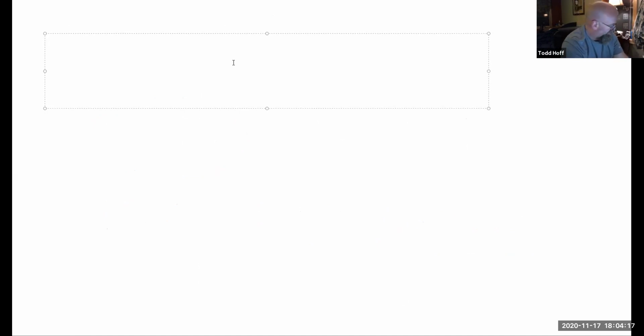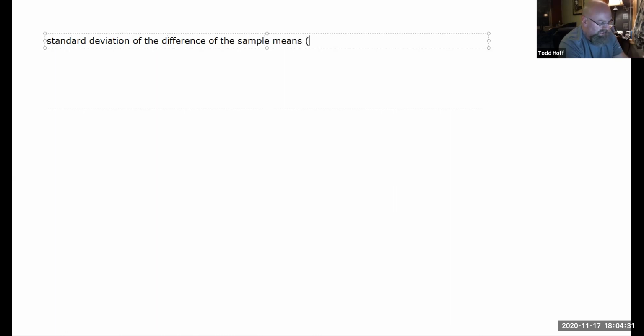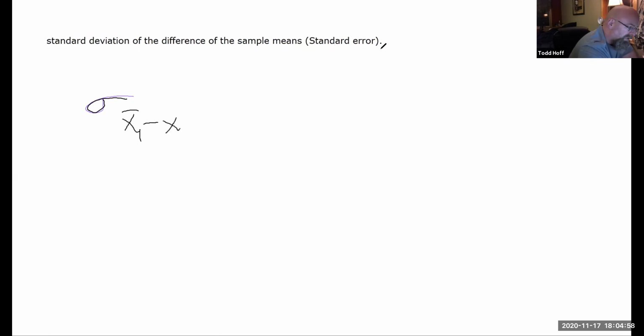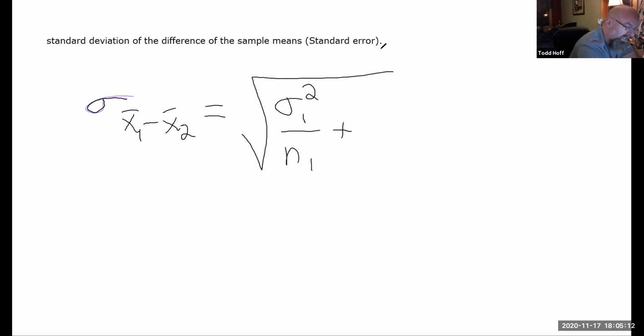And remember, the spread of that sampling distribution, the standard deviation of the difference of the sample means, again, this is often called the standard error, is given by, of course, the symbol sigma, that's the standard deviation of x bar 1 minus x bar 2, is equal to the square root of the standard deviation of population 1 squared divided by the size of the sample from population 1 plus the standard deviation of population 2 squared divided by the size of the sample from population 2.